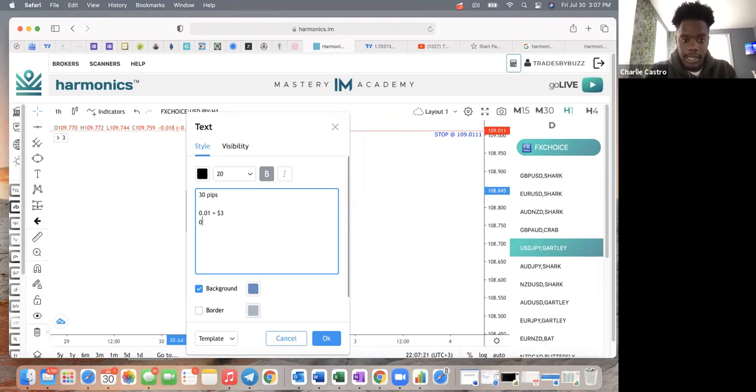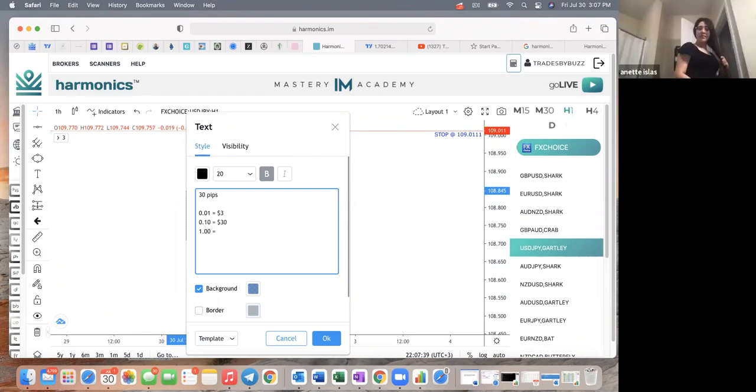If we're taking a dollar lot size, which is a 0.10, that would be a $30 take profit. And if you take a 1.0, which is my favorite lot size, which would be $10 per point, that would be $300.